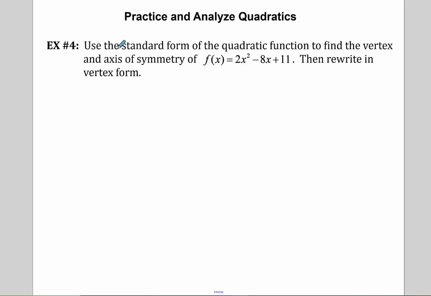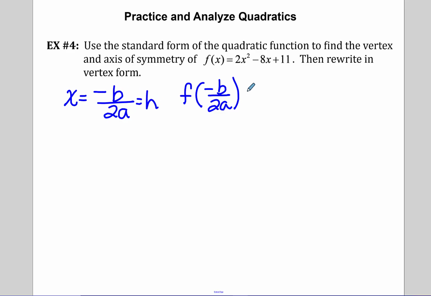In example 4, we're going to use the standard form to find the vertex form and the axis of symmetry, but we're going to do it with the formula that we knew from Algebra 2, the opposite b over 2a, and then we're going to substitute that back in to find the y value. Okay, this one is going to give me my h value, and this one's going to give me my k value.